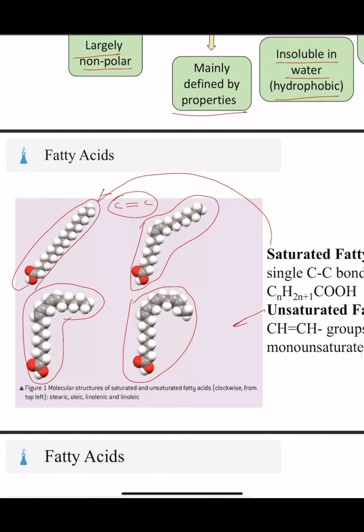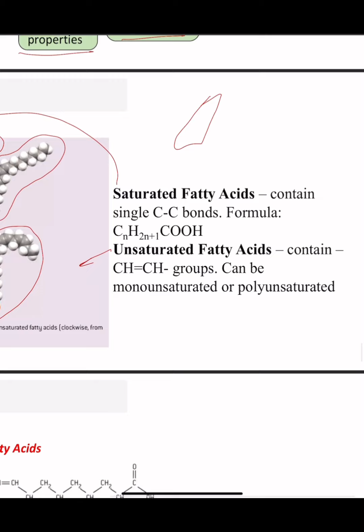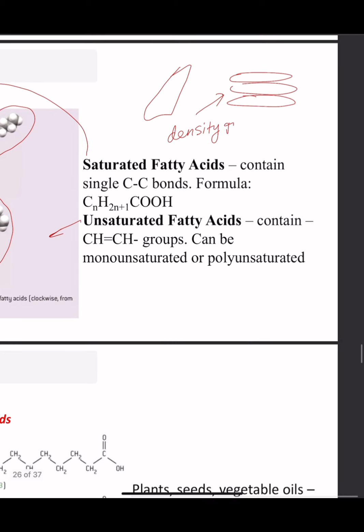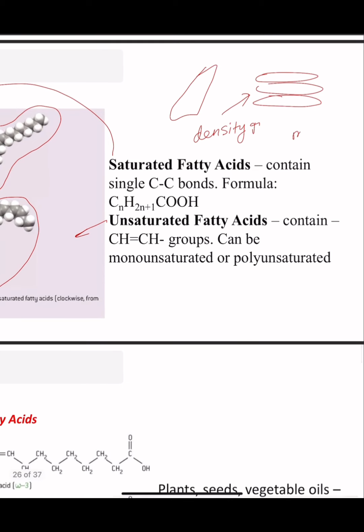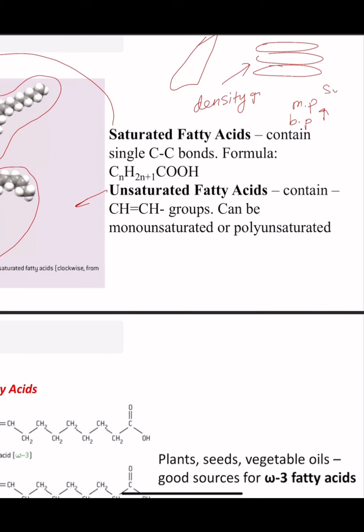Okay, so because the saturated fats can combine together very easily, you can stack them up like this, and they become highly dense. Their density is higher. Because they have a higher density, their melting point and boiling point will be higher. So they will be in solid state.